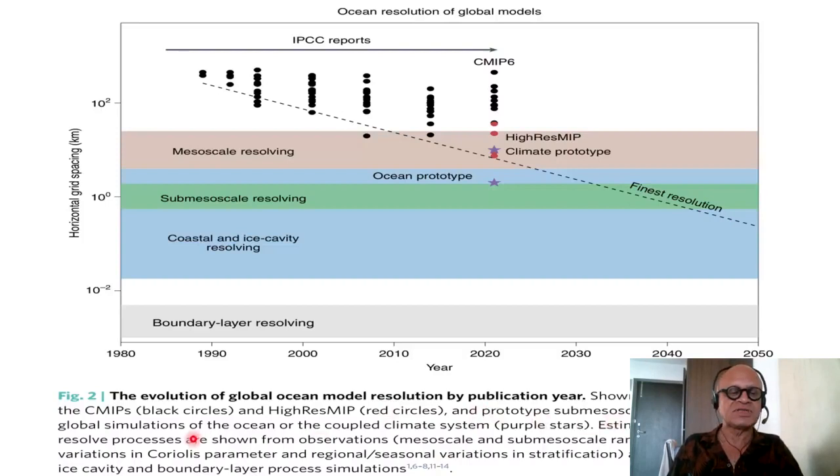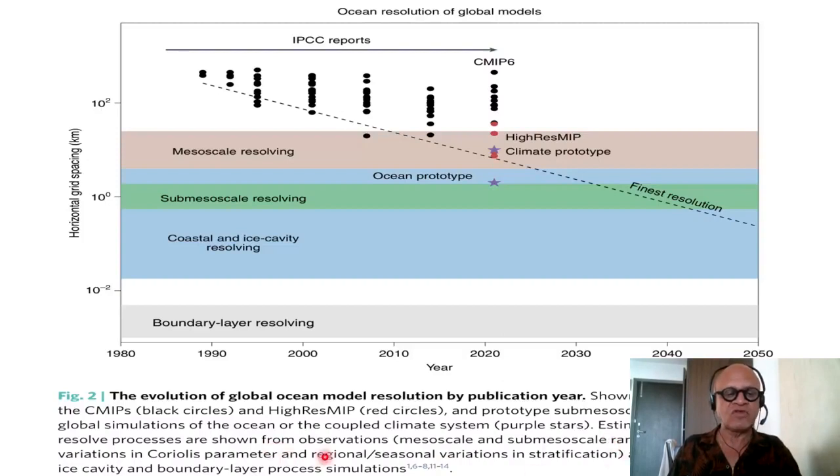Shown are models from the CMIPs in black circles and HighResMIP, the high resolution model intercomparison projects, in red circles, and prototype sub-mesoscale permitting global simulations of the ocean or the coupled climate system in purple stars. Prototype just means that they have not done long simulations to drive equilibrium solutions, but they have been shown as working and producing realistic simulations.